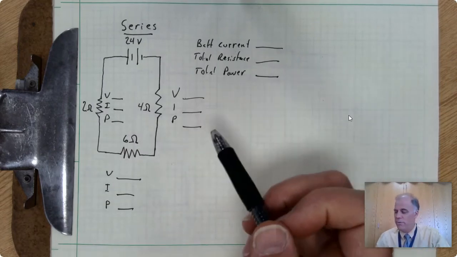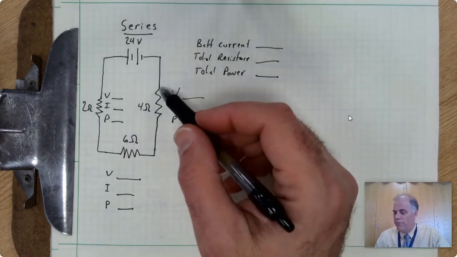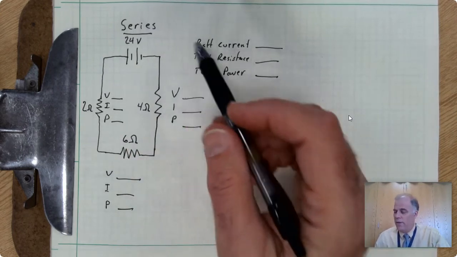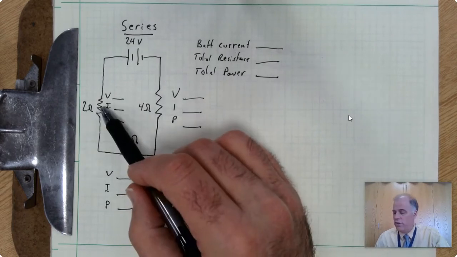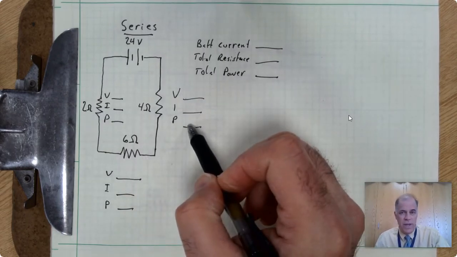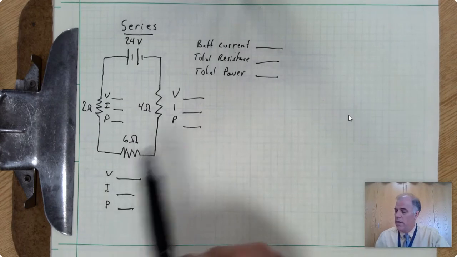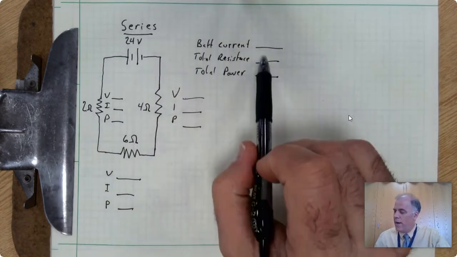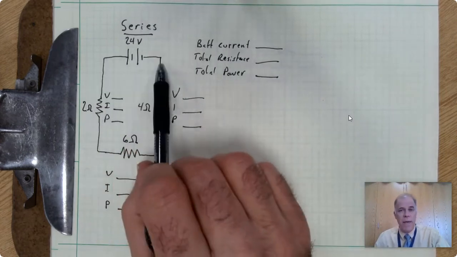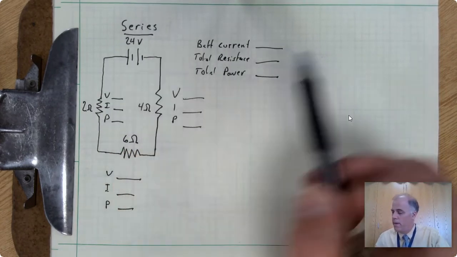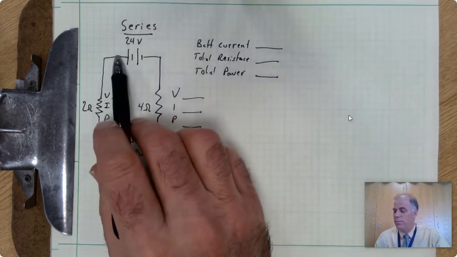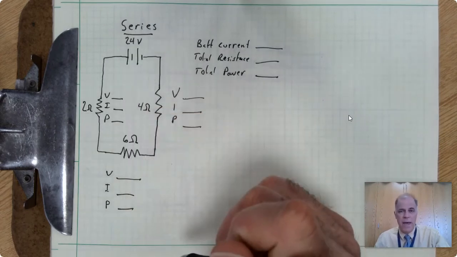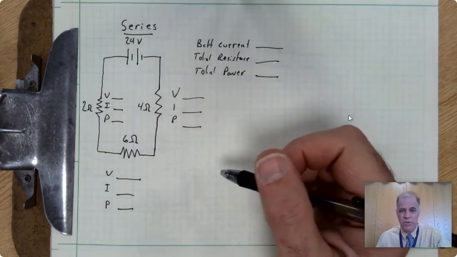And our goal, as I said before, is to figure out how much voltage is used up by each of the resistors, the current flowing through each of the resistors, and the power produced or dissipated by each of the resistors. We are given a 24-volt battery, and then we're also going to figure out the current which is flowing through the battery or that the battery is producing, the total resistance experienced by the battery, and then finally the total power produced by the battery. So lots of information, and we'll see how we do it.